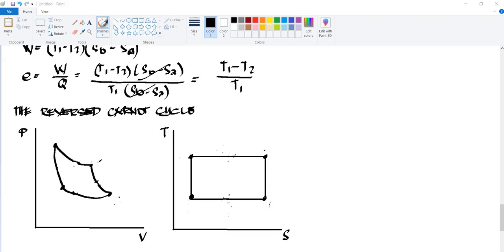Now, the operation of a refrigeration system is like the reverse Carnot cycle. Now, we have the following pinakaiba. We have here your point A dito sa baba.